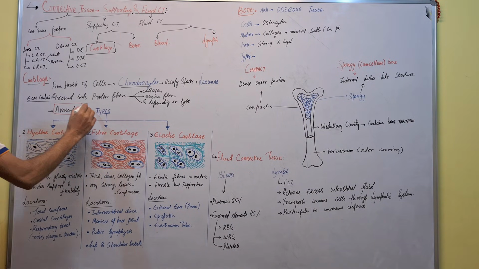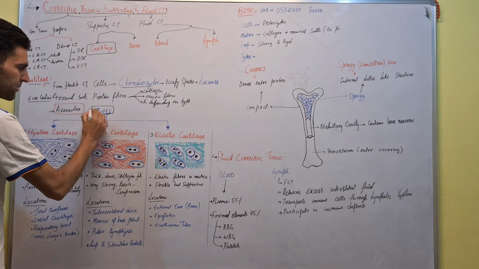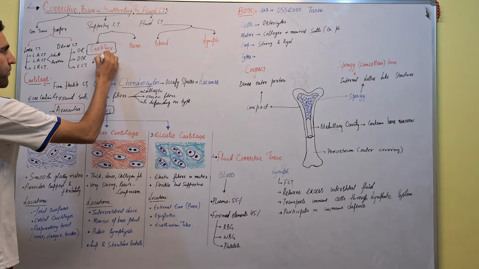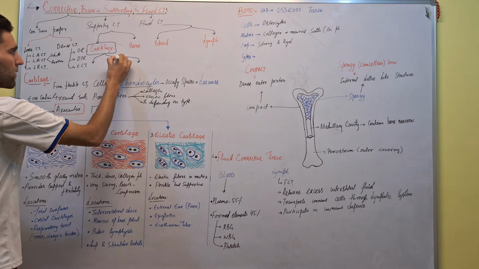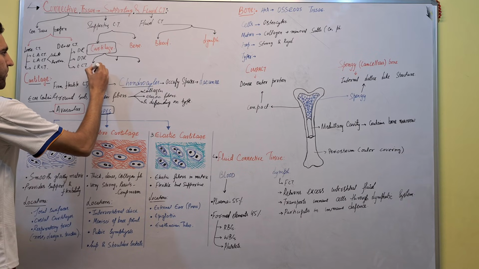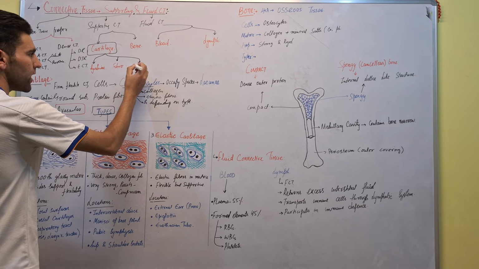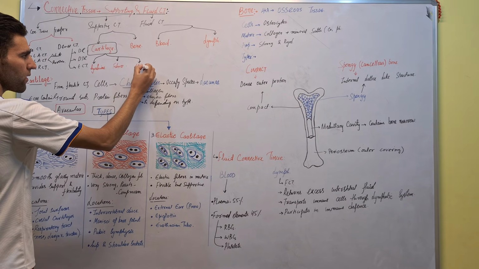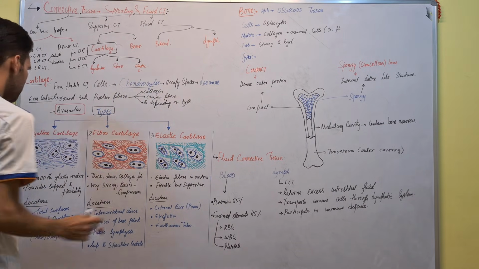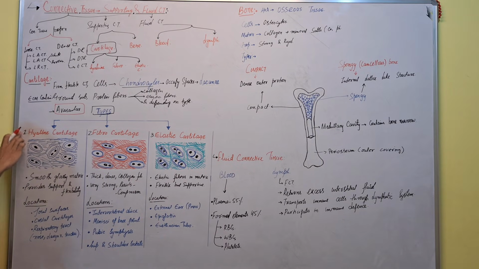Then coming to the types of cartilages, we have three main types: hyaline cartilage, fibrocartilage, and elastic cartilage. Now coming to the hyaline cartilage.